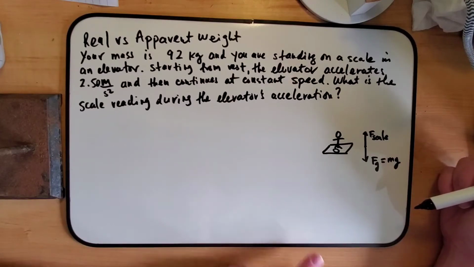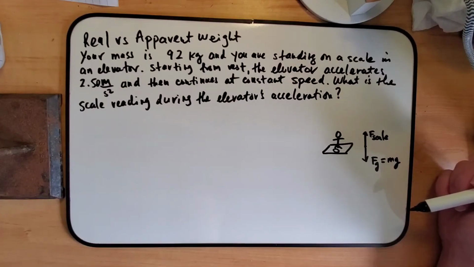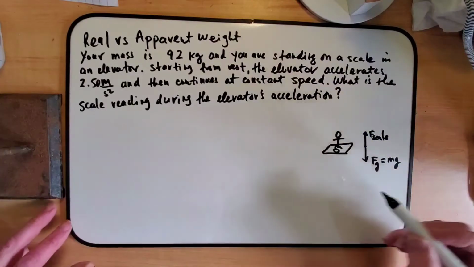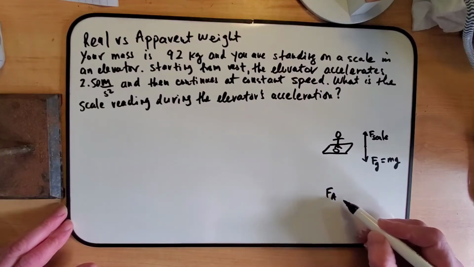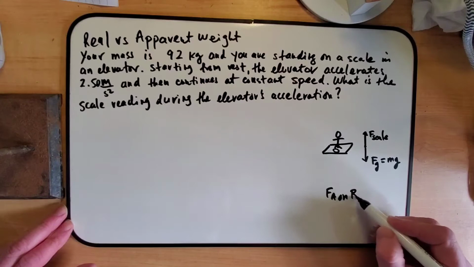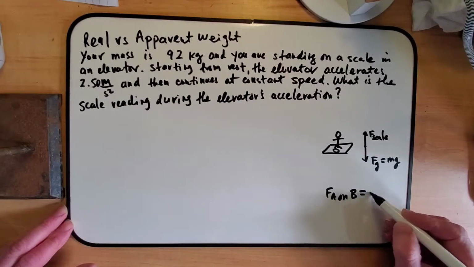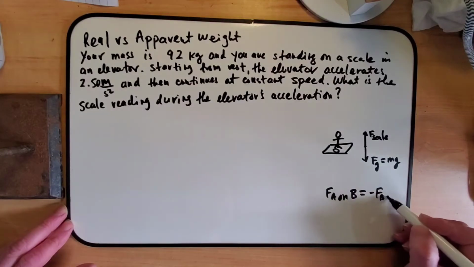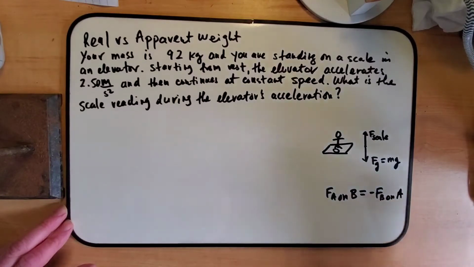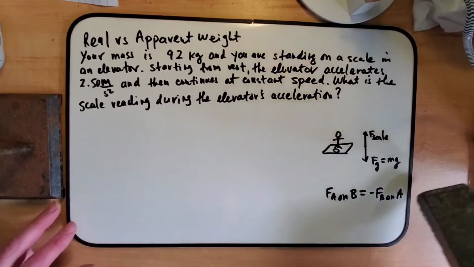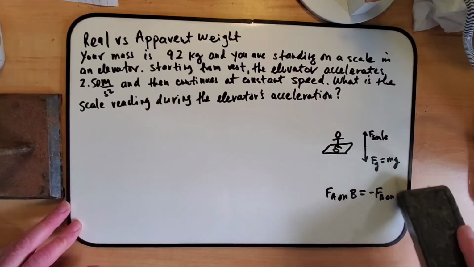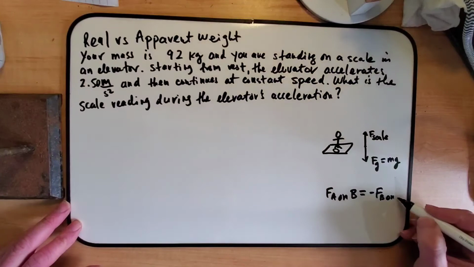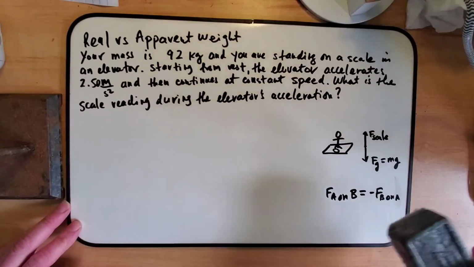Now, according to Newton's third law, all forces come in pairs, so let's say F sub A on B will be equal to minus F sub B on A. In other words, if there is an action, then there's always going to be a reaction.